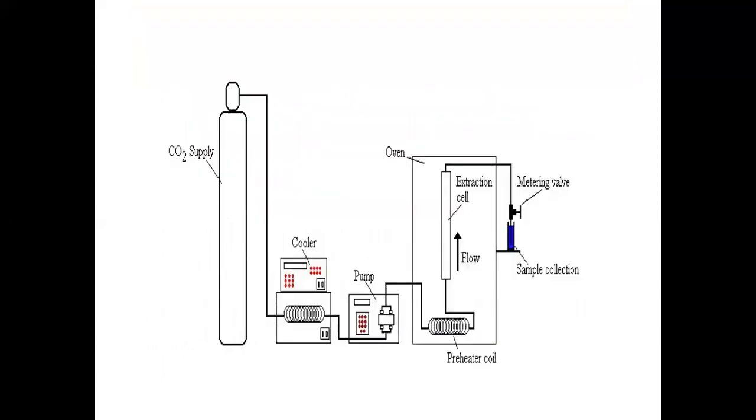Here is the schematic diagram. CO2 tank, cooling chamber, pressure adjustment, preheater coils, and the extraction cell, which is covered by an oven to monitor the temperature here, and the sample collection holder.